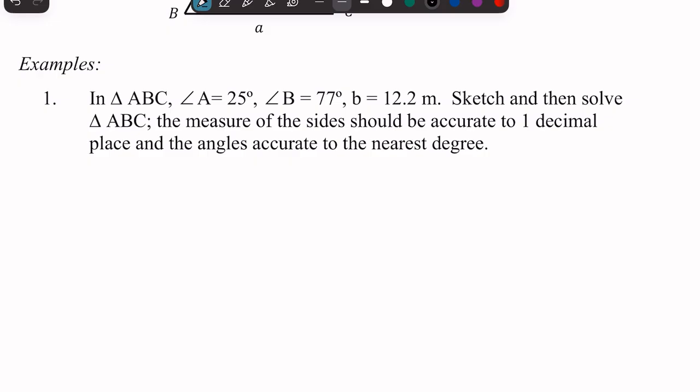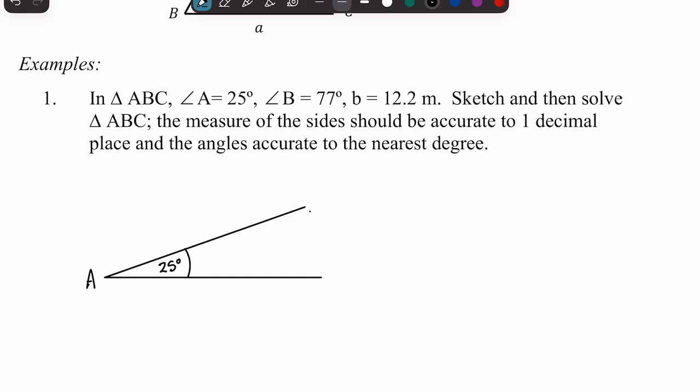So my angle A is 25. That's really quite a small angle. So we'll start with angle A, maybe looking something like this. Okay. So we'll call this A and mark this up as 25 degrees, like so. All right, angle B is 77 and side b is 12.2 meters.